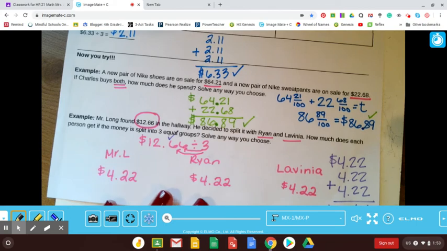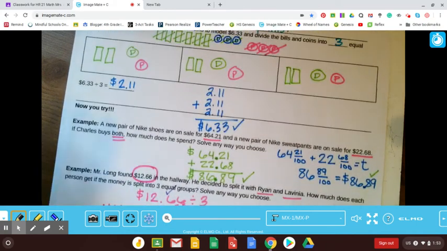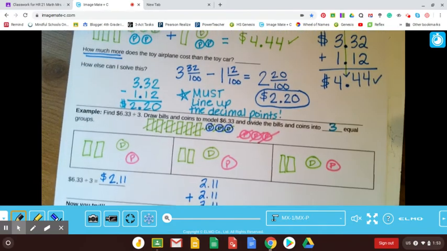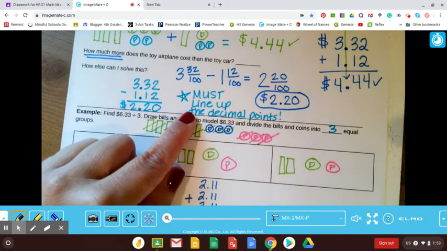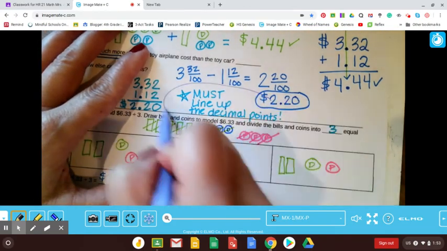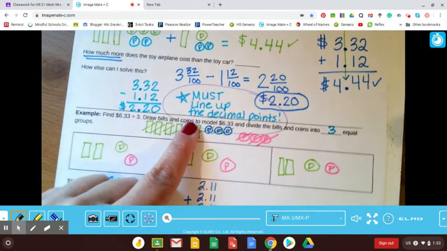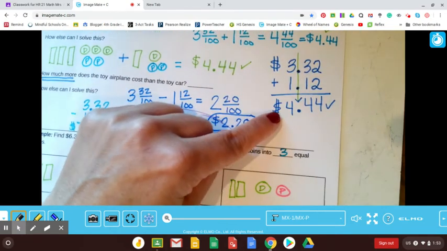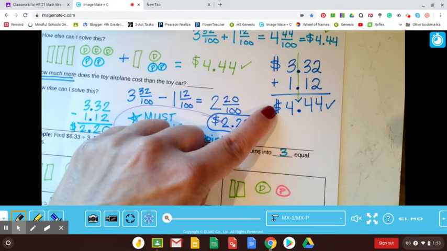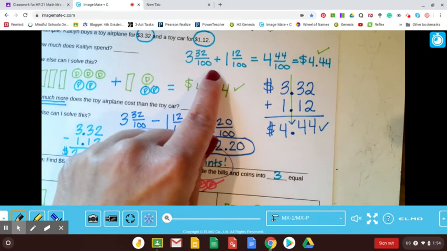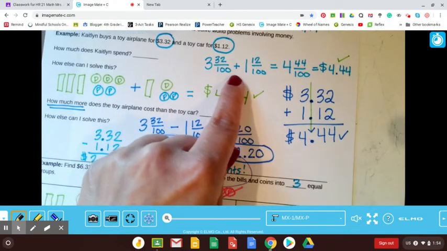All right, guys. So today's lesson was all about solving word problems involving money. The big takeaway that you need to remember is that you must line up your decimal points. Most of you will be solving all of our problems using the standard algorithm, but I did want to show you how it works with modeling as well as with fractions in case those strategies work better for you.